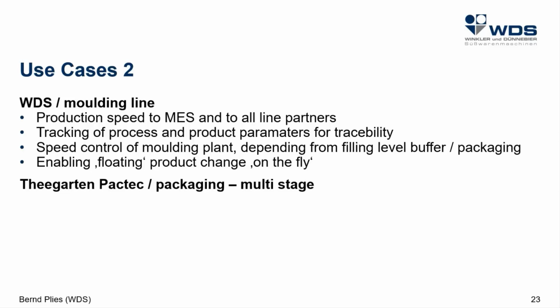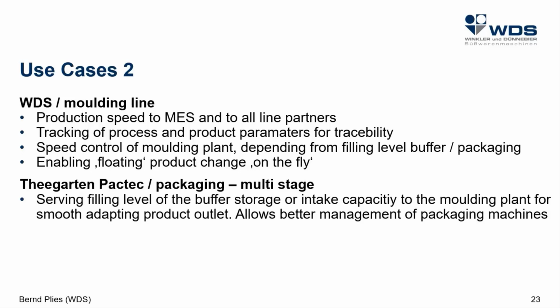From the Theegarten PACTEC or packaging side, the following points are interesting. By serving the filling level of the buffer storage or intake capacity of packaging, the molding plant can smoothly adapt to control product outlet.